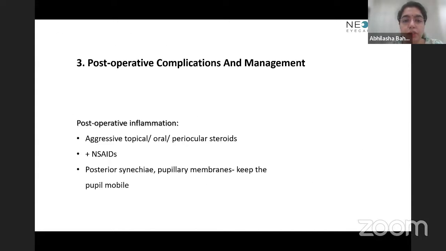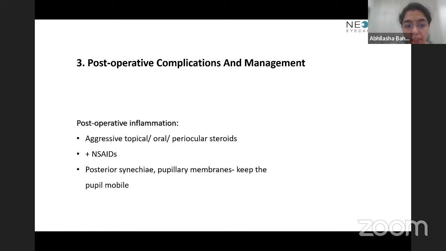Now coming to postoperative complications and their management. Postoperative inflammation can be controlled with aggressive topical, oral, and periocular steroids. Always prescribe a non-steroidal anti-inflammatory eye drop in these eyes.